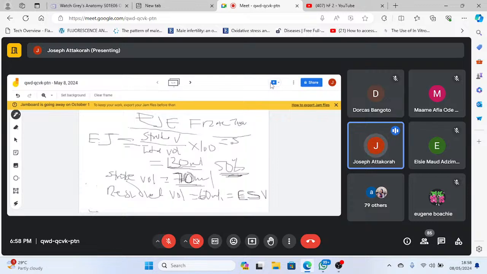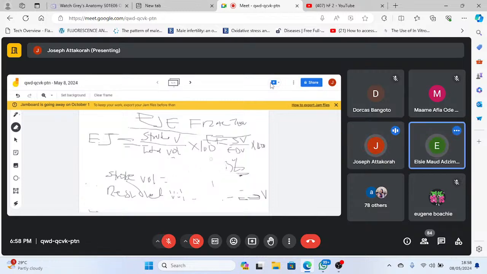So the stroke volume over the end diastolic volume times 100 becomes the ejection fraction. Is it clear up to this point?